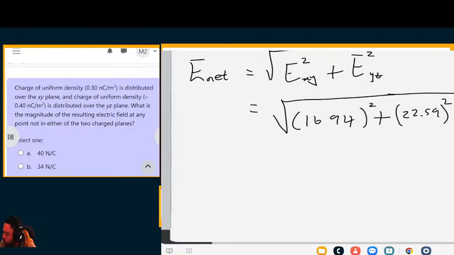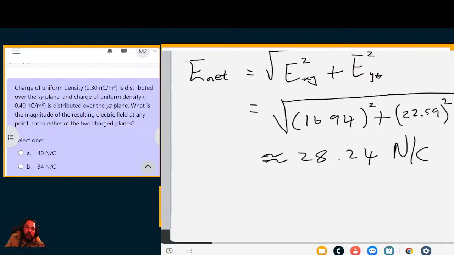The square is not fitting in. There we go, squared. And that, ladies and gentlemen, if you work it out, you get approximately 28.24 nanocoulomb. That is the net electric field due to these charged planes.